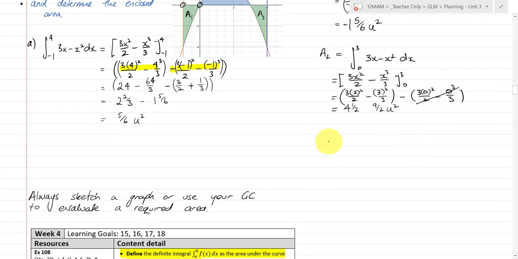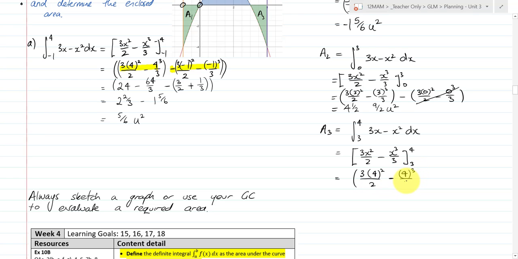Finally, we need to calculate our A3 value. And A3, I'm going to show you between 4 and 3 is actually the same as we had earlier. So we have that symmetry. So we're doing 3x minus x squared dx. This gives us 3x squared over 2 minus x cubed over 3 between 4 and 3. And that gives us 3 times 4 squared over 2 minus 4 cubed over 3.